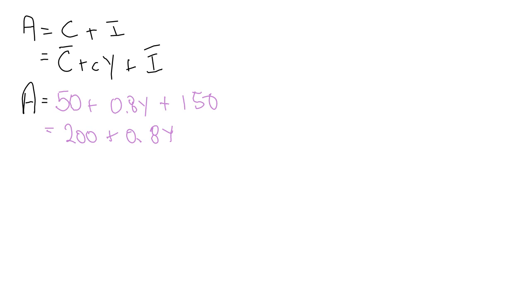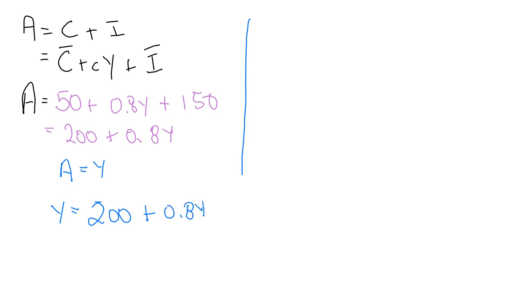What's important here is that someone needs to sit down and say, okay, I hear this, but how do we get to equilibrium, knowing what we know here? Now remember, this is the second bit: A equals Y. So therefore Y equals 200 plus 0.8Y.